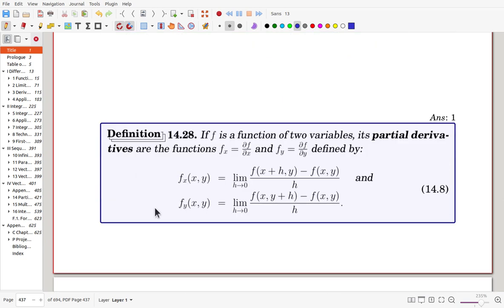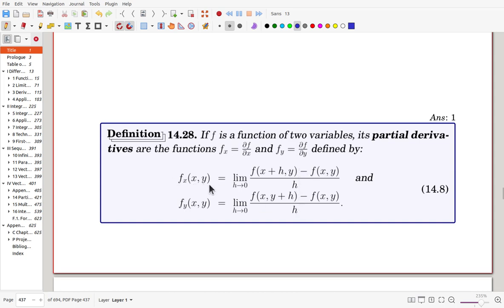Now we define partial derivatives in this way. If f is a function of two variables, then its partial derivatives are the functions f sub x, or partial f over partial x, and f sub y, which is partial f over partial y, and they are defined in this way.